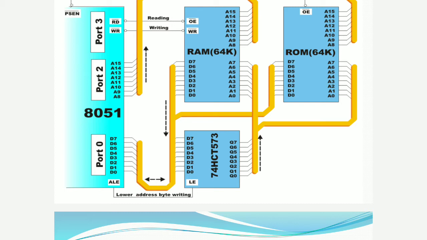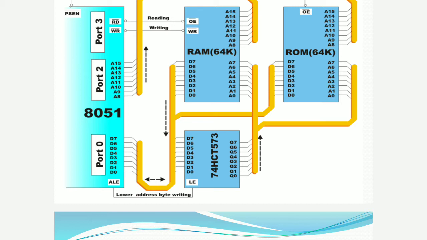When we want to access a particular RAM or ROM, we have to activate the OE bar signal. Activation of the OE bar signal means providing 0, as it is an active low signal. So accessing RAM, we have to apply 0-volt to the OE bar. Accessing ROM, we have to provide 0-volt to the OE bar.